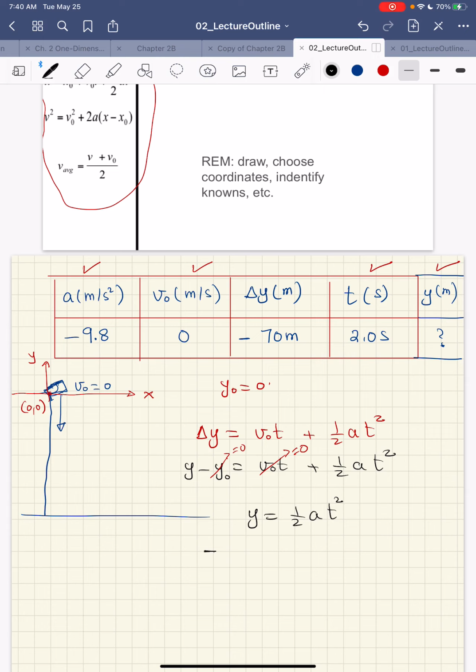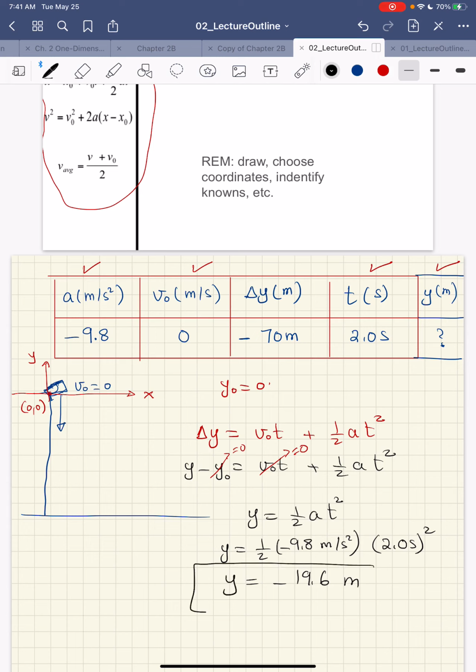I want to find my y here. In this first part, this is 1/2 times negative 9.8 times 2 seconds squared, and that is going to give me 9.8 times 2 because one of the twos is going to cancel, and this is going to be negative 19.6 meters.